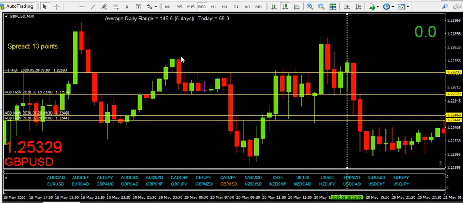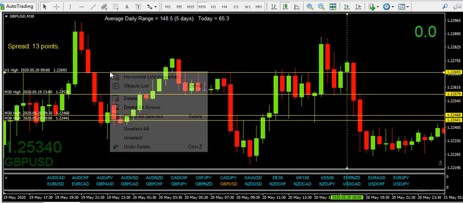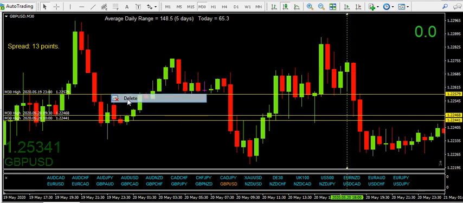But again, you need to be aware of where the H1 high is if you're entering using M30, and the same if you're entering using M15. Let's have a look at H1.